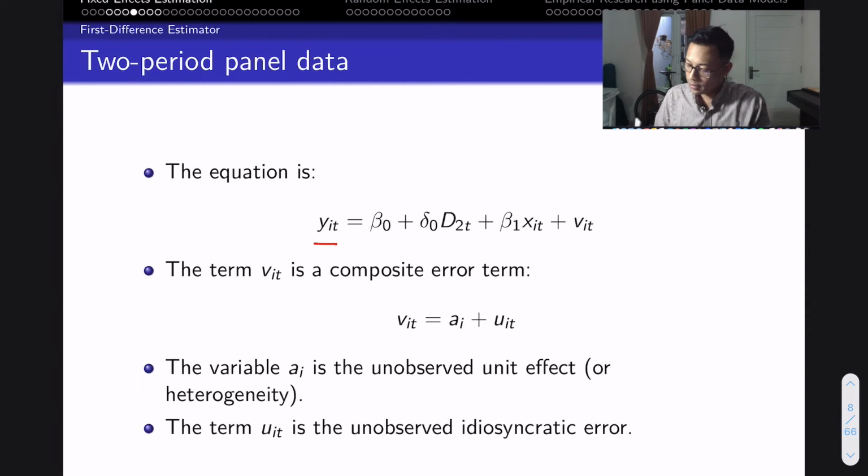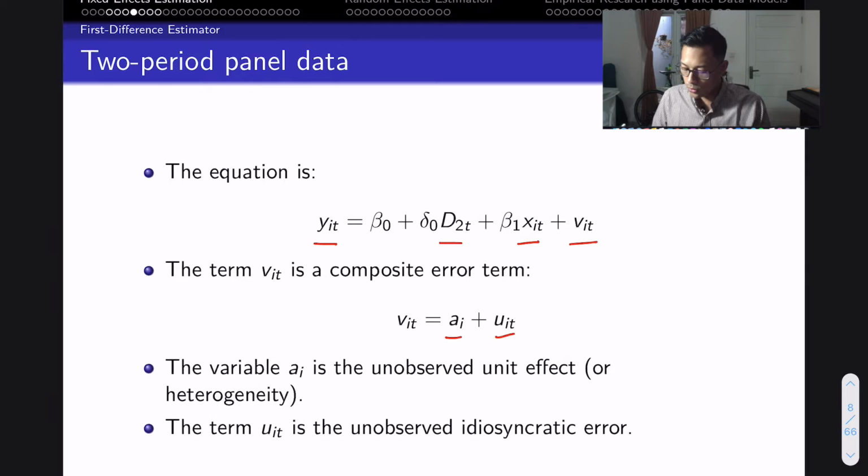Now we also have this composite error term, and it can be broken down into two components as we've discussed. The first one is the unobserved heterogeneity, and the second one is the shocks. Again, this is something that you have to be very mindful of. Try to think about what factors we do not observe that affect y, and that at the same time could be correlated with the explanatory variable of interest.